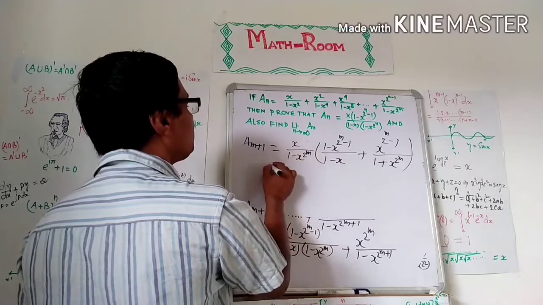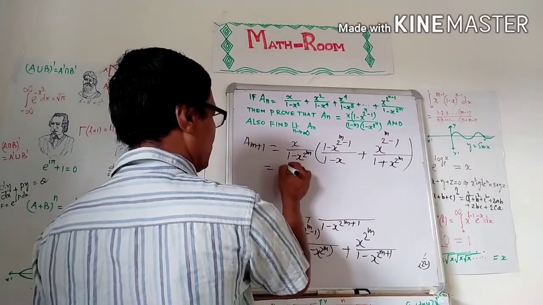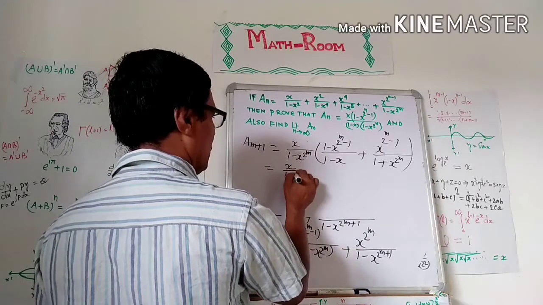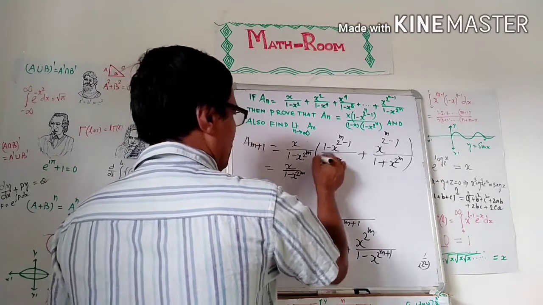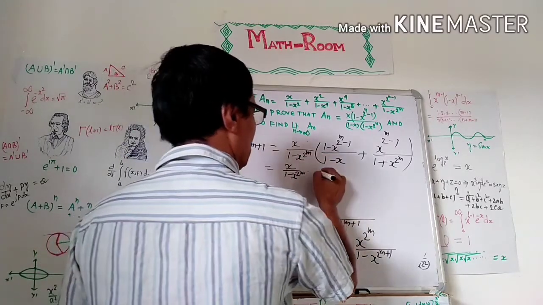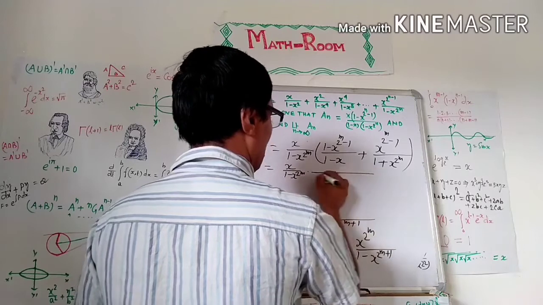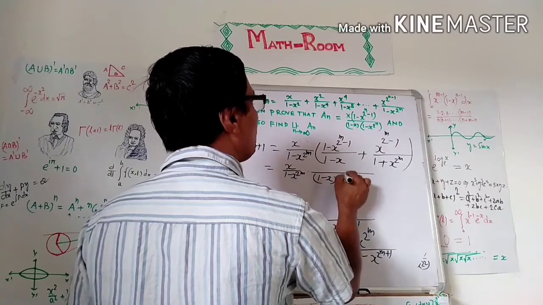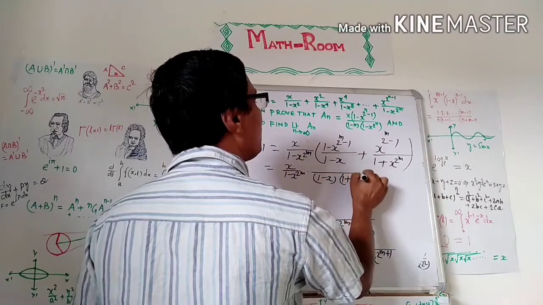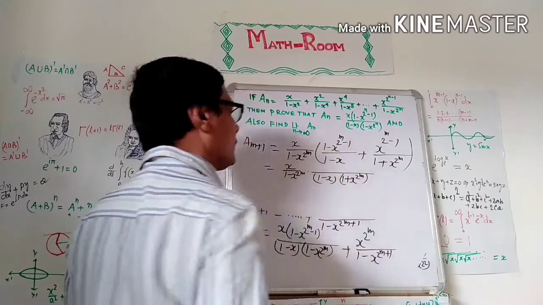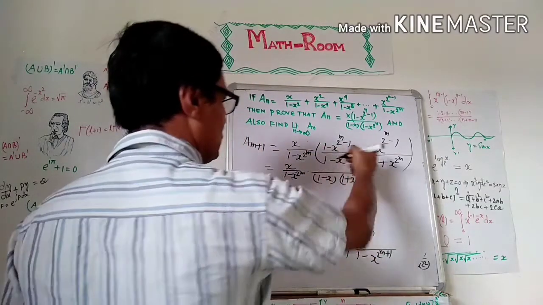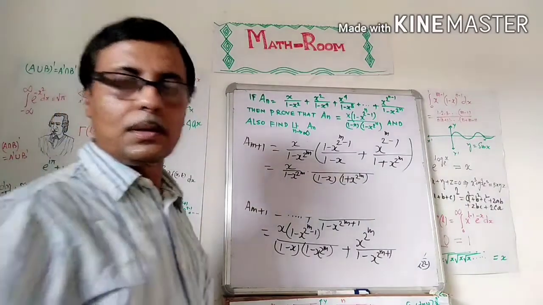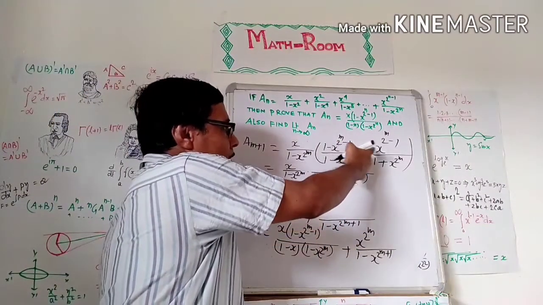So we can write 1 minus x into 1 plus x to the power 2 to the power m. We take the sum of these two terms.